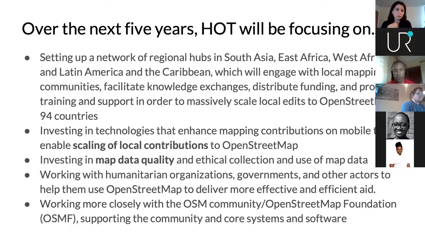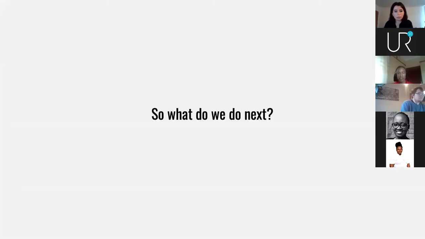We will also invest in data quality and ethical collection and use of map data. Most importantly, we will work closely with the OSM community and the OSM Foundation to support the community and the core systems and software. Hopefully through that, more data maintenance will be realized from our local mapping groups. So back to you, Hannah.